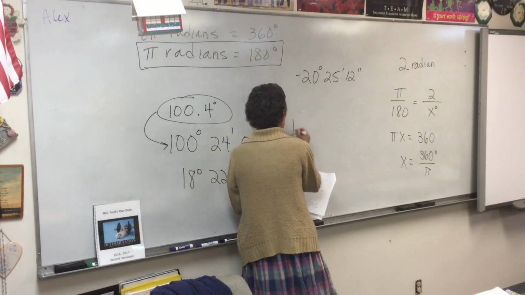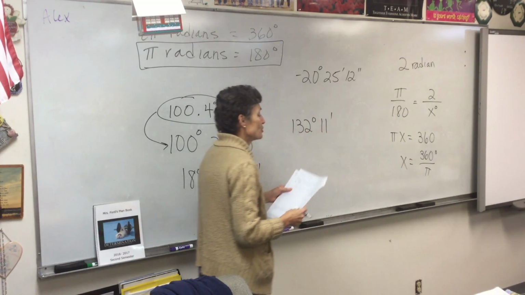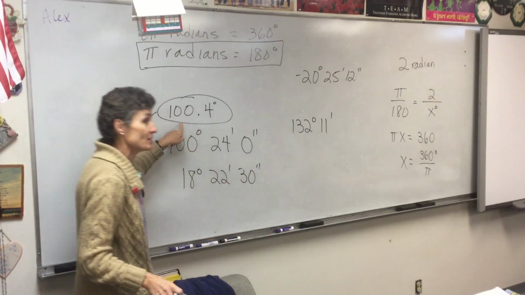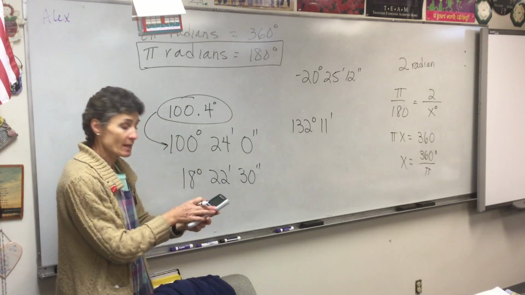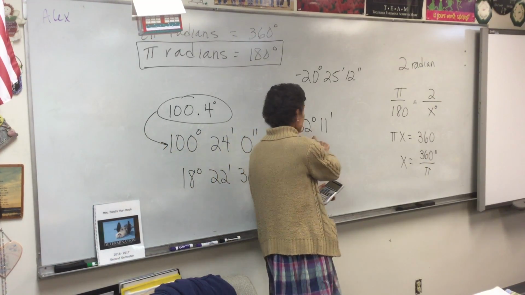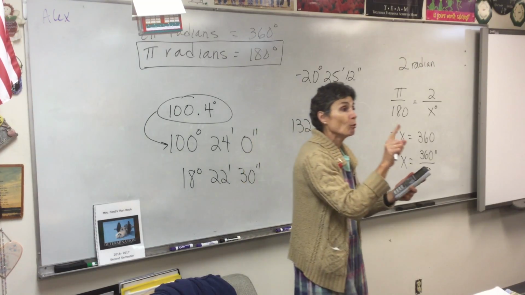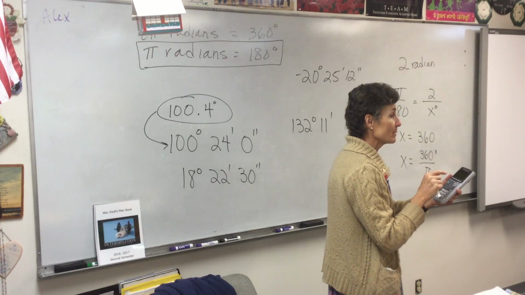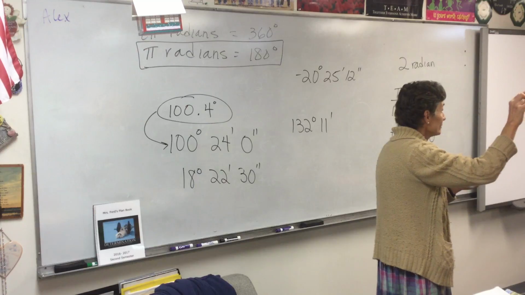We're going to take 132 degrees and 11 minutes and change that back into a decimal form. Okay, ready? Here we go. I want you to type 132. Whatever the first number is, just type that in. Now go back to your angle menu, second apps. And you notice that number 1 is a degree mark?